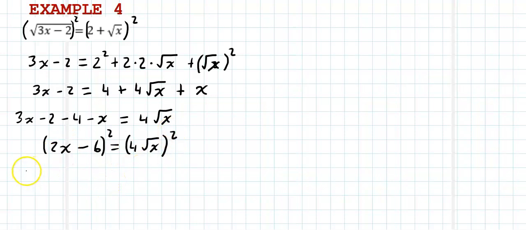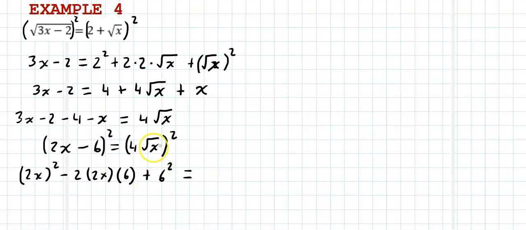The solution is 2x to the second power, minus 2 times the first term times the second term, plus the second term to the second power, equals 4 to the second power times the square root of x to the second power, which is x.